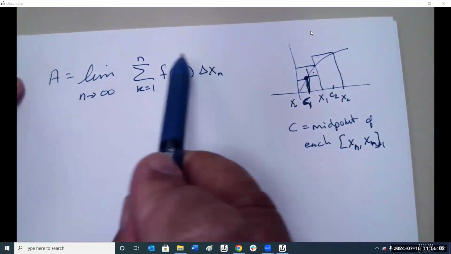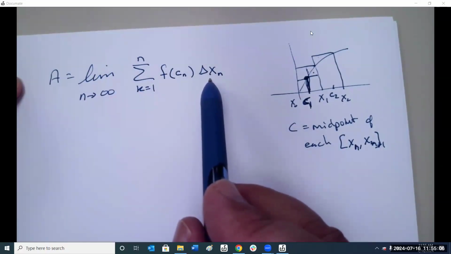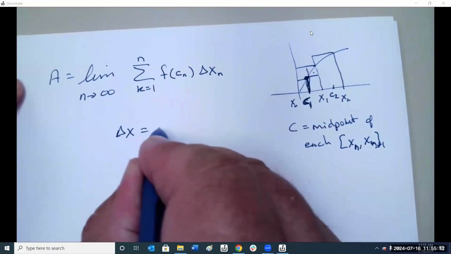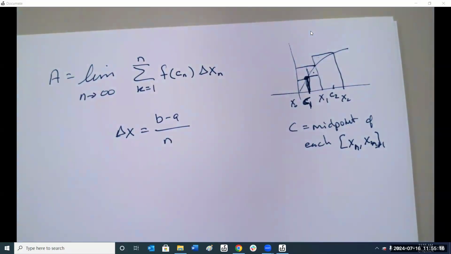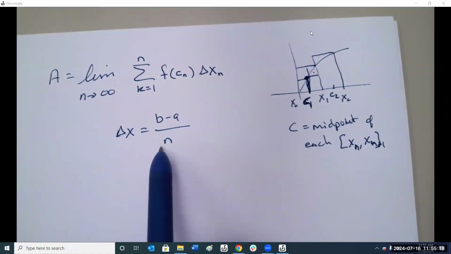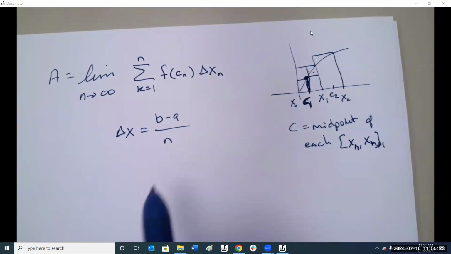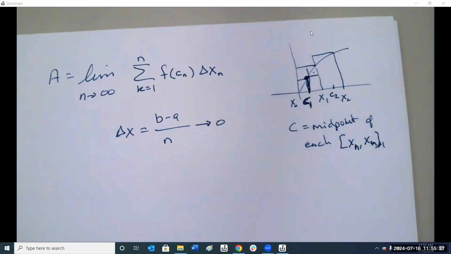What is going to happen with this equation? What's going to happen to delta x? Remember, delta x is b minus a over n. As n goes to infinity, eventually delta x goes to 0.